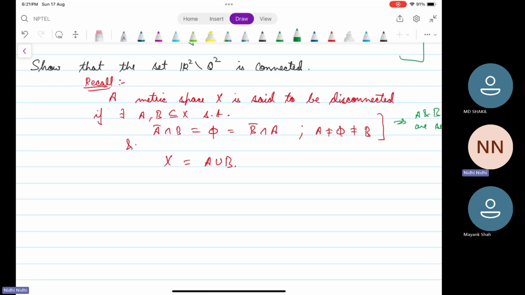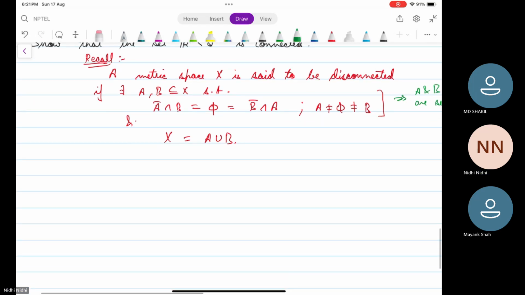Else, it is called a connected set. And if there does not exist any such A and B, we say X is connected.